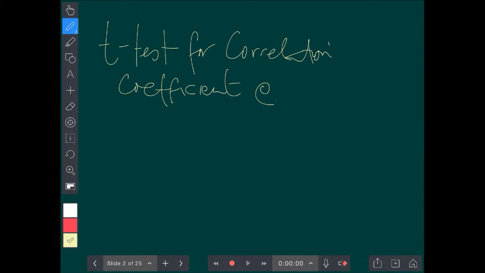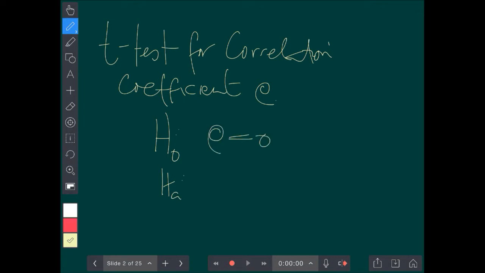So essentially, we want to show that there is a linear relationship between x and y. So that would be our alternate hypothesis. So our null hypothesis would be that there's no relationship between them. H0, HA, it would be rho is equal to 0.